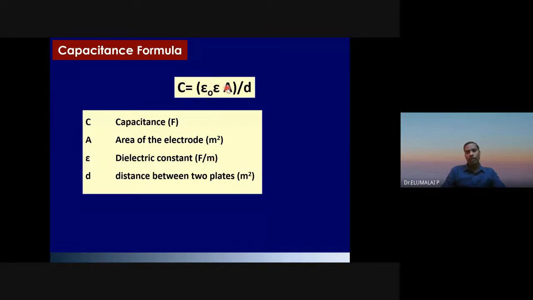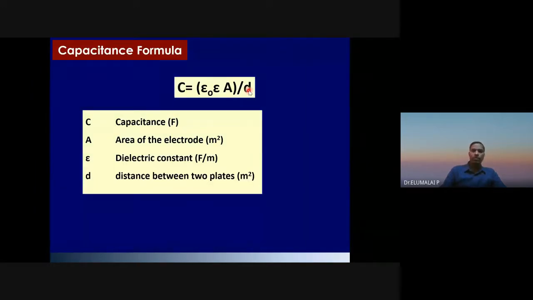A is the area of the conducting plates, and d is the separation, the distance between the two parallel plates. There are three quantities you can manipulate in order to increase or decrease the capacitance of a capacitor. You have three options.